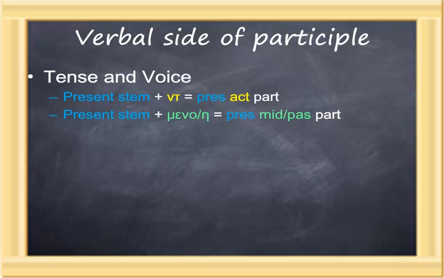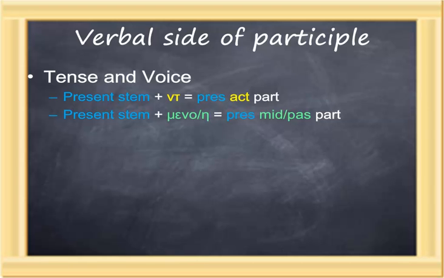So let's look here in a color-coded way at how tense and voice can be identified in a participle. The present active participle is identified by the present stem. The active part is identified by the participle indicator nu tau. That's the one used for an active. Similarly, in the present middle passive, the present is by the present stem, thus the blue.